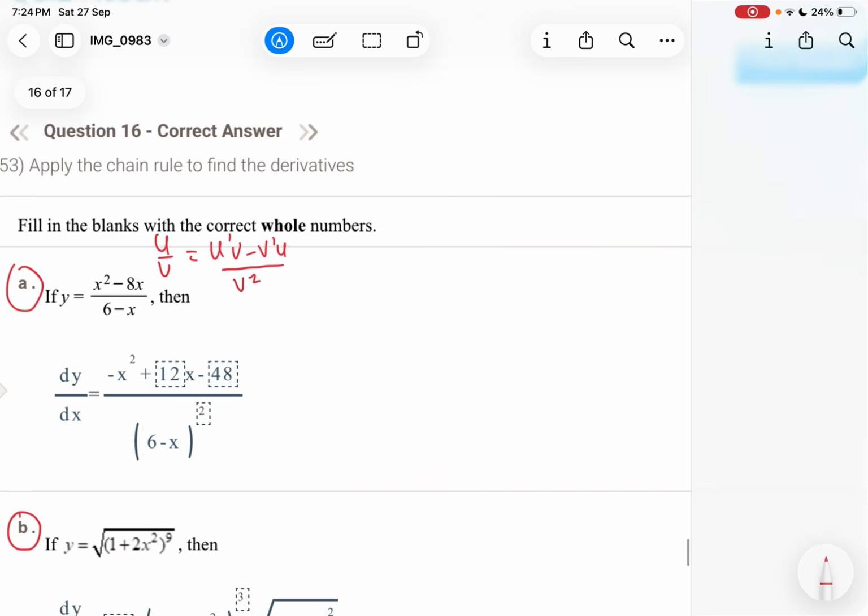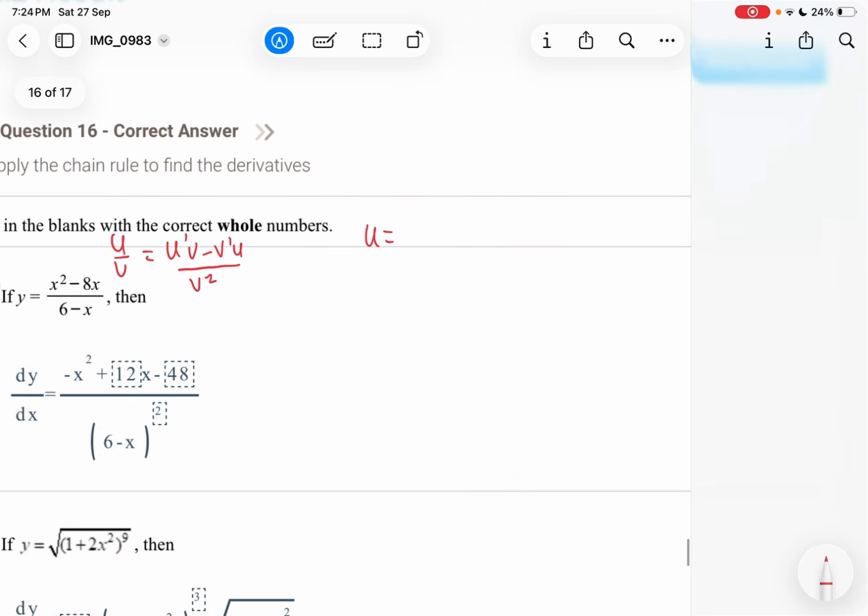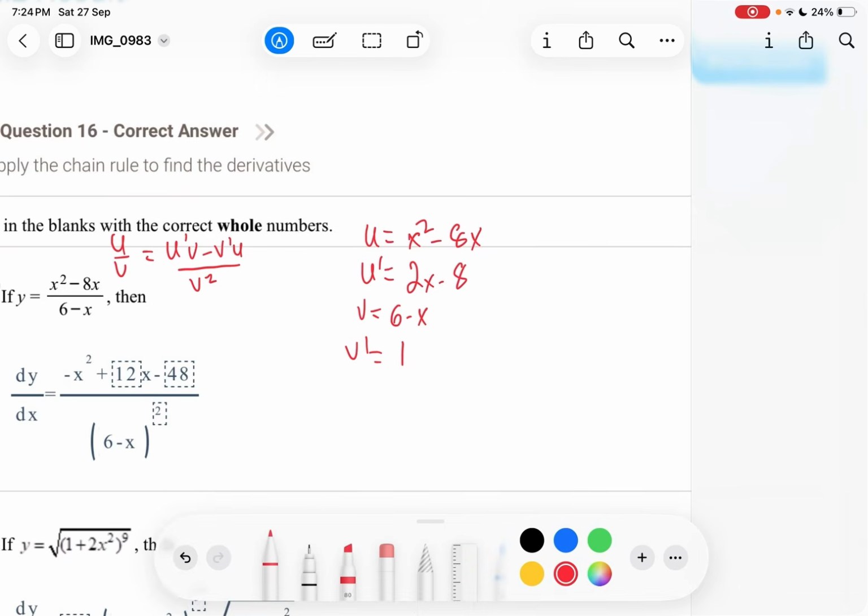And you get the points: u is equal to x^2 - 8x, u prime is 2x - 8, v is equal to 6 - x, and v prime is equal to negative 1, because it's a minus x. It's minus x, so the 6 will go, and the derivative of x is 1, so it will be negative 1.